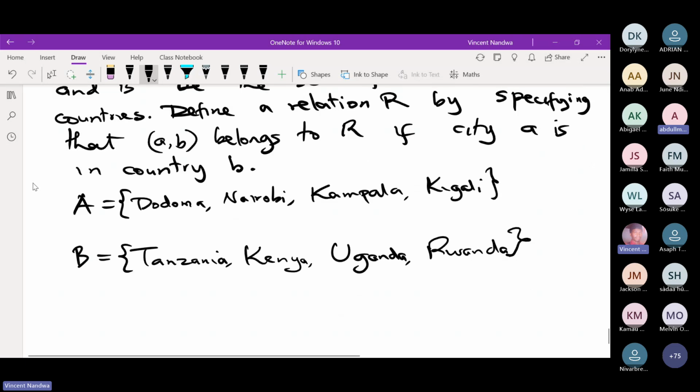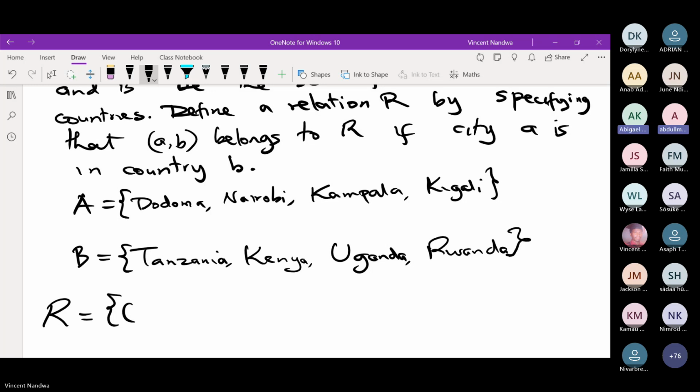So can you tell me how R will look like? What is the first element of R? Remember, the elements of R are (a, b), where a is a capital city and b is its respective country.